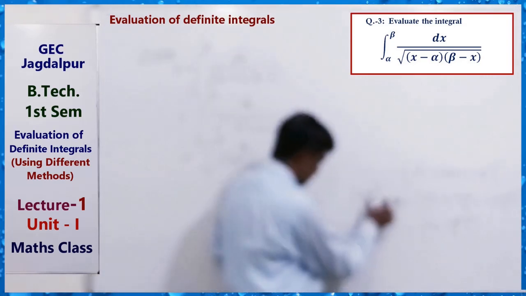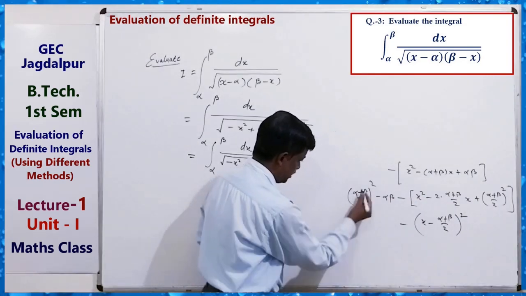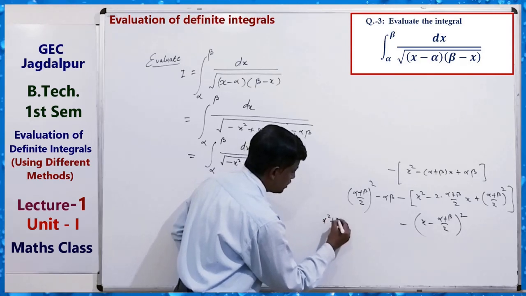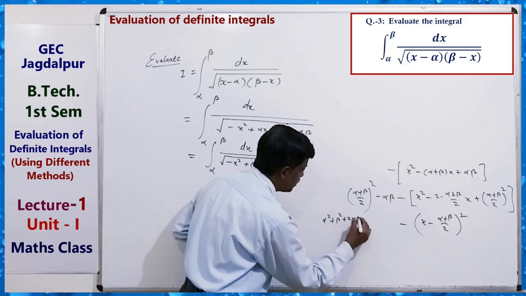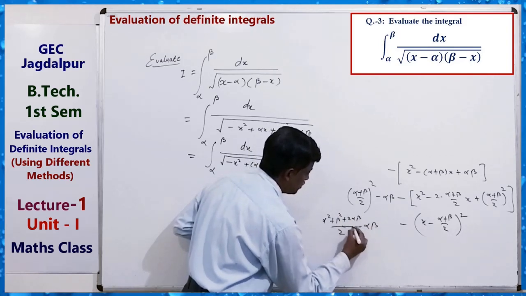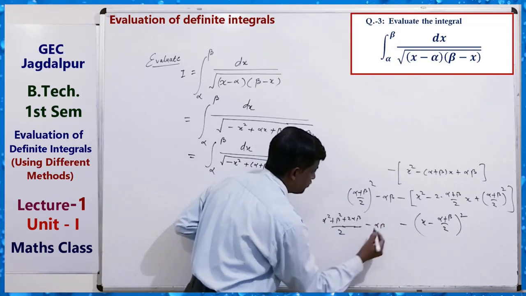Now in this part we can see alpha square plus beta square plus 2 alpha beta upon 2 minus alpha beta, just this first part minus alpha beta.